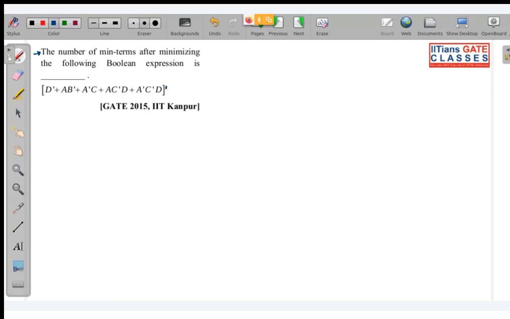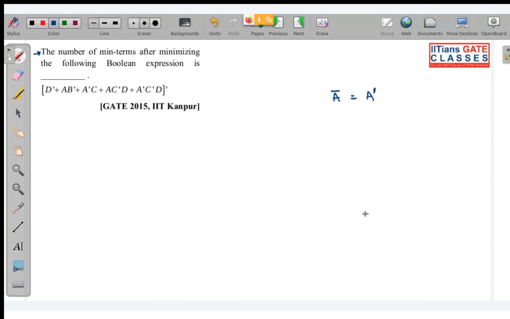This hyphen means it is complement. We write it like this or we can even write it like this, a complement or a hyphen or a dash. For this question, what is your answer? Let me know.